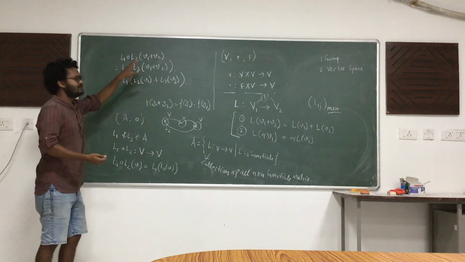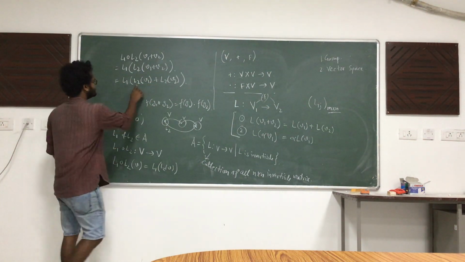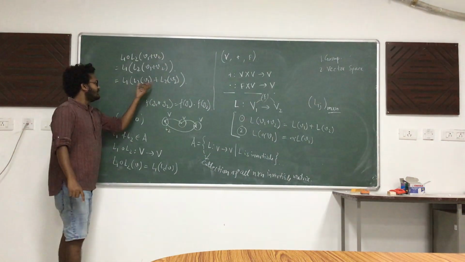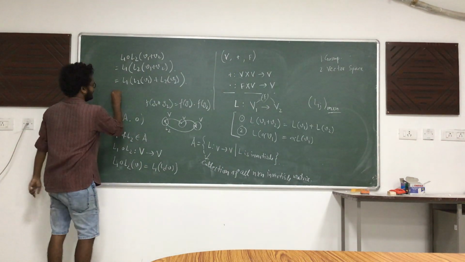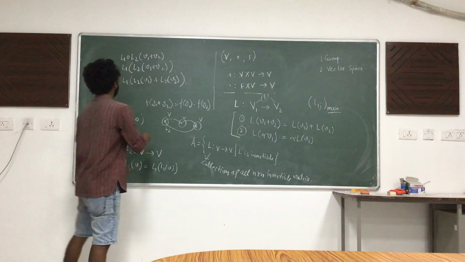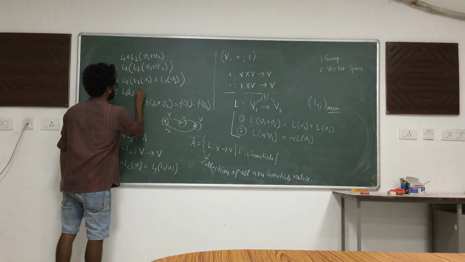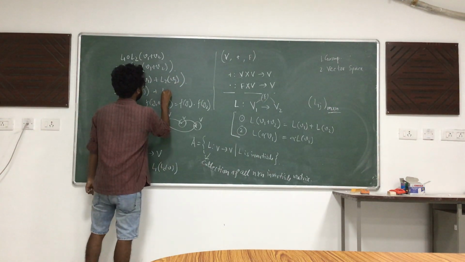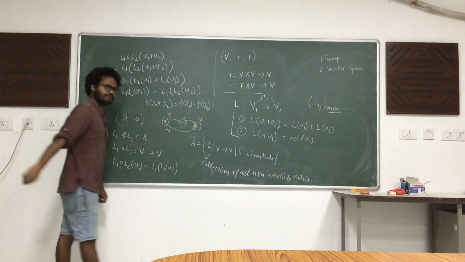It takes V1 and gives me another vector from the same vector space. So this is a vector, this is a vector. So L2 takes as argument the sum of two vectors. And by again the property of L1, this is nothing but L1 L2 V1 plus L1 L2 V2.